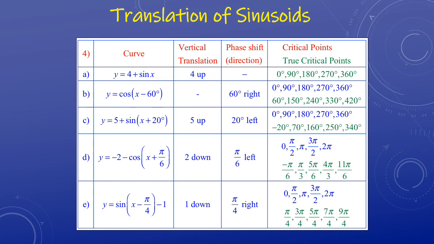So our critical points are 0, pi over 2, pi, 3 pi over 2, and 2 pi, and therefore adding pi over 4 to each, we get pi over 4, 3 pi over 4, 5 pi over 4, 7 pi over 4, and 9 pi over 4. Obviously, you need to be able to work with fractions when you're working in radians.